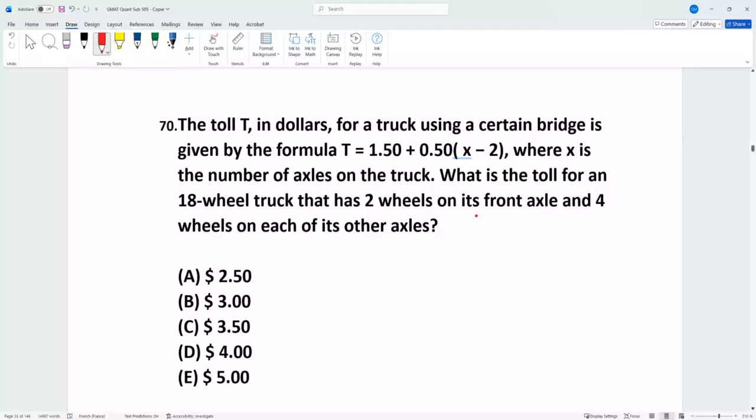So here we know that we have this formula, T equals 1.50 plus 0.50 times x minus 2. And then we have x, which is equal to the number of axles on the truck.